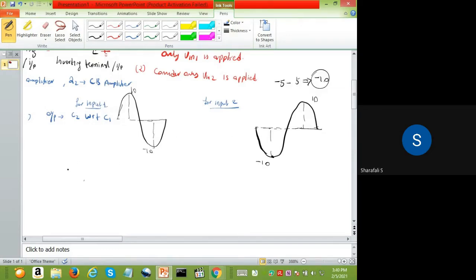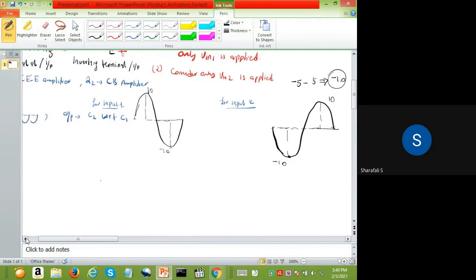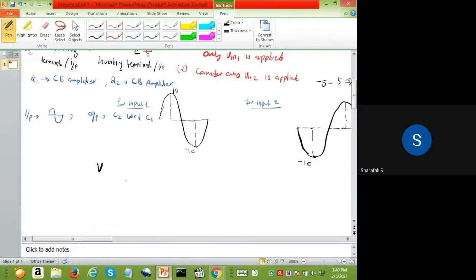So this time, if we consider V0, I will call this V01 and this V02, because this is for when only input 1 is active, and this is for when only input 2 is active. I will take V01 as the output when input 1 is active.